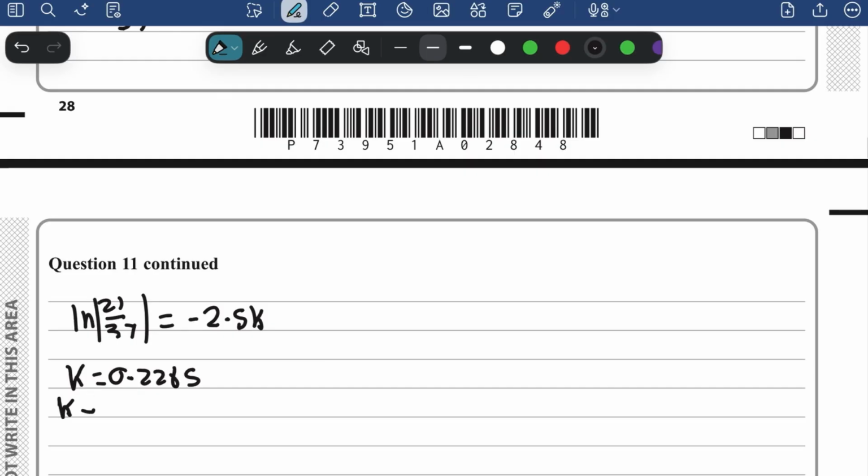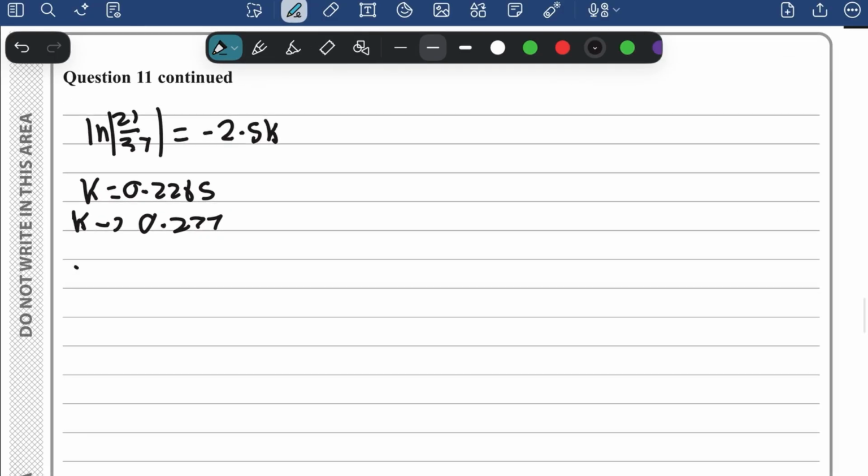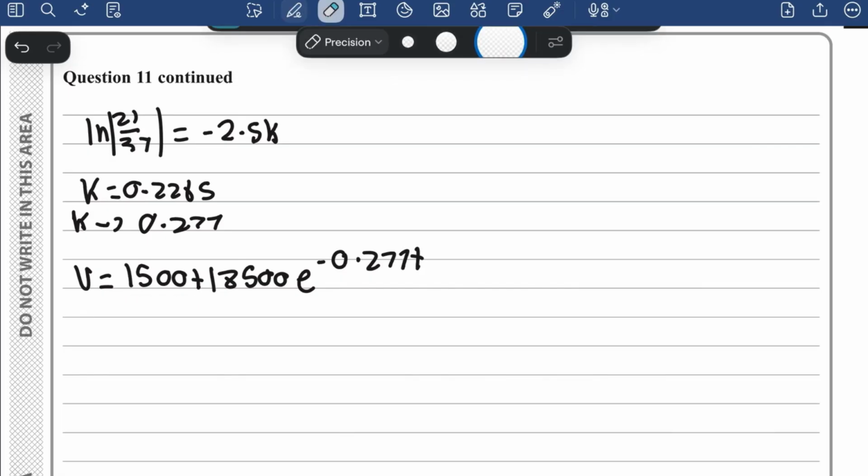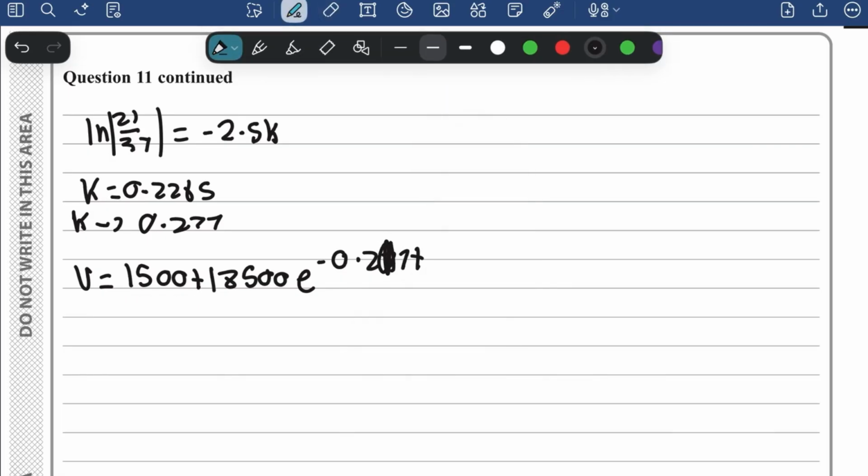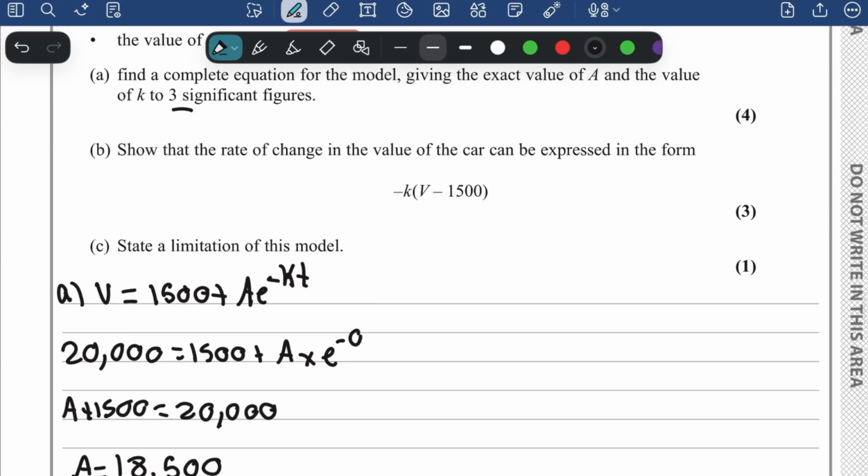K is 3 sig figs, so we're going to say 0.227. So that means our final model is V equals 15,000 plus 18,500 e to the power of minus 0.227T. Nice.